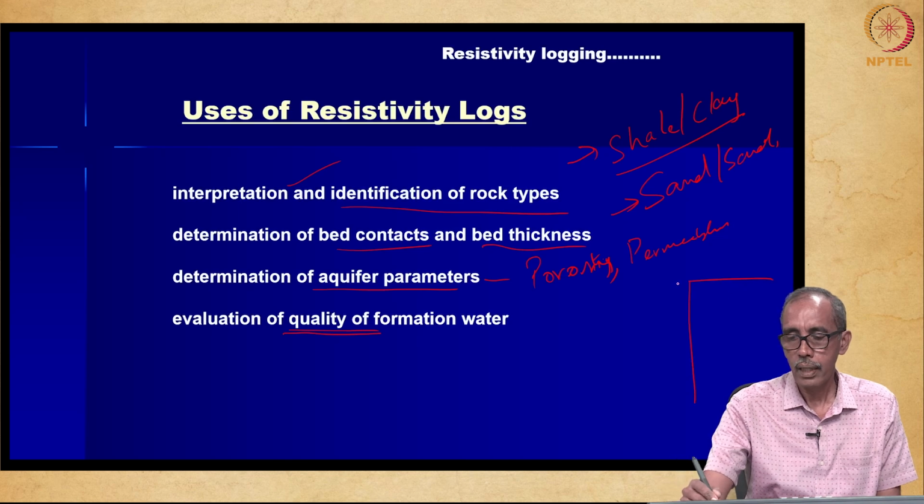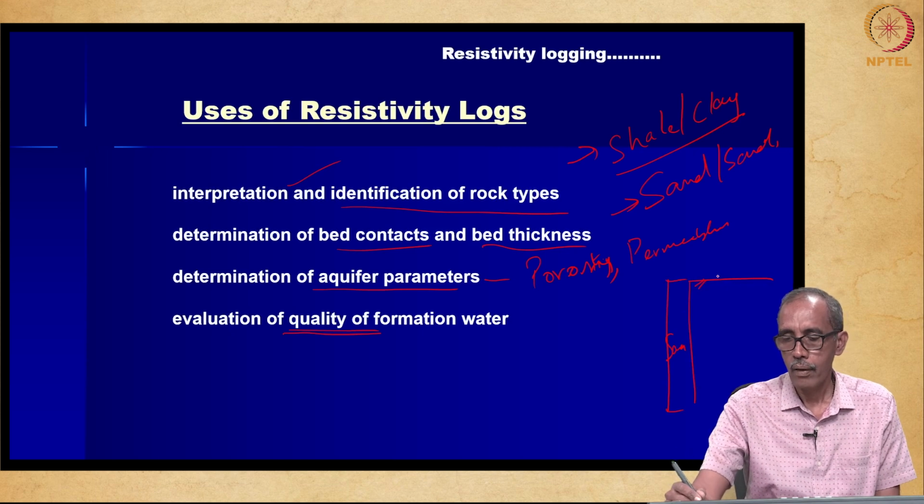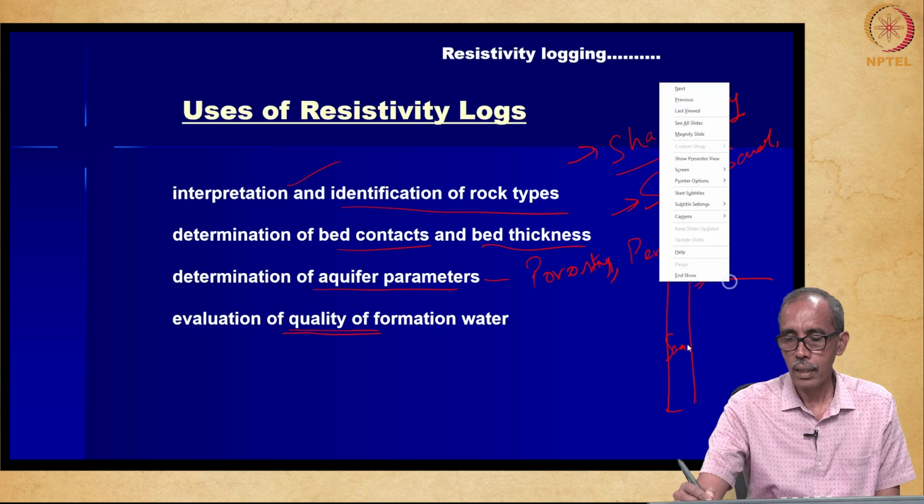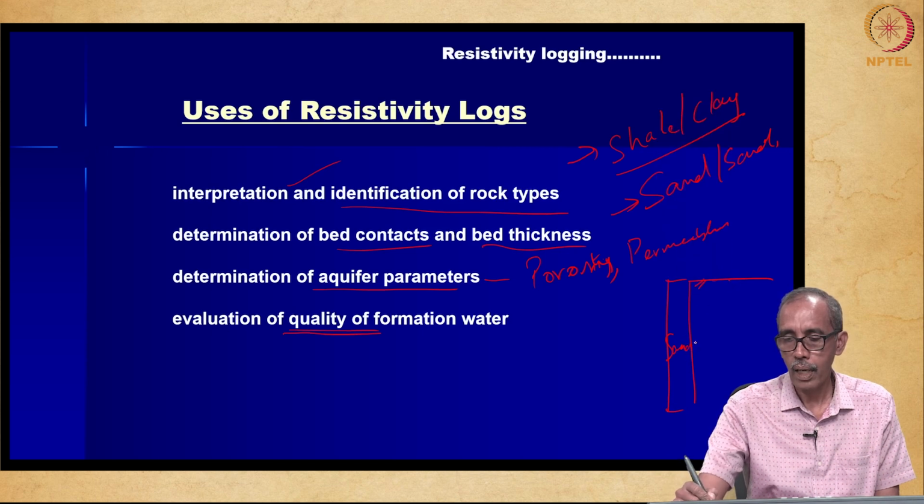Suppose the entire lithology is sand, let us assume this is the ground surface, everywhere we have sand. We are doing resistivity logging. Resistivity log in the sand part will be comparatively higher.